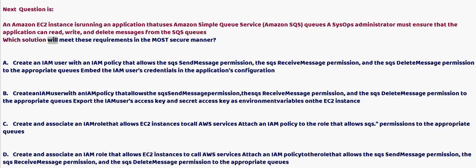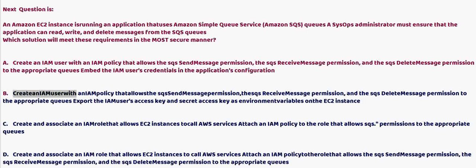Which solution will meet these requirements in the most secure manner? A. Create an IAM user with an IAM policy that allows the SQS SendMessage permission, the SQS ReceiveMessage permission, and the SQS DeleteMessage permission to the appropriate queues. Embed the IAM user's credentials in the application's configuration.